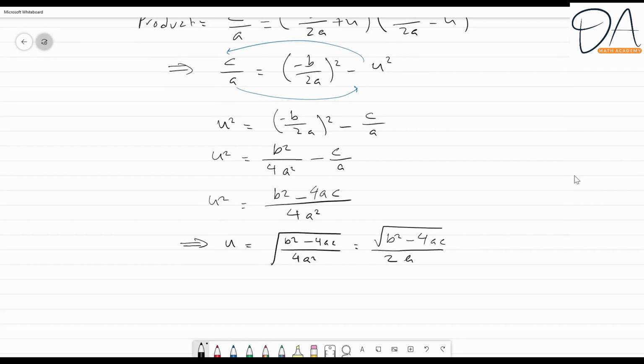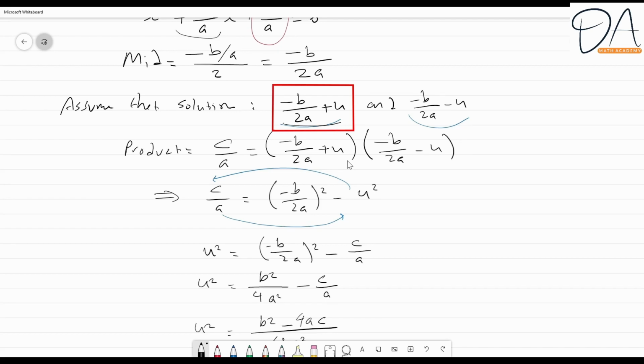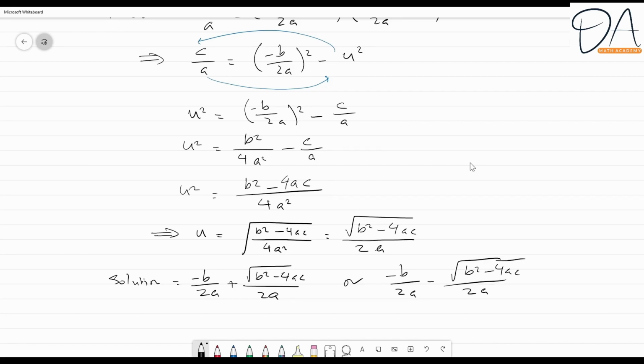And then our solution will be the midpoint plus u. See, this is our solution: midpoint plus u and midpoint minus u. So the midpoint will be minus b over 2a plus u, which is the square root of b squared minus 4ac divided by 2a. Or the midpoint minus u, which is minus b over 2a minus the square root of b squared minus 4ac divided by 2a.